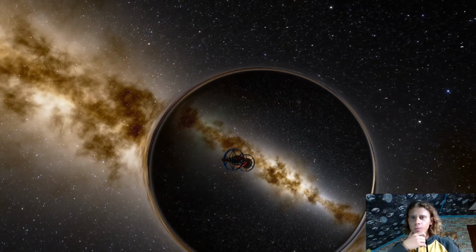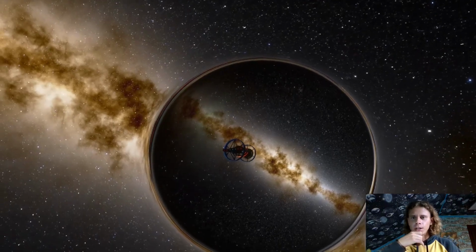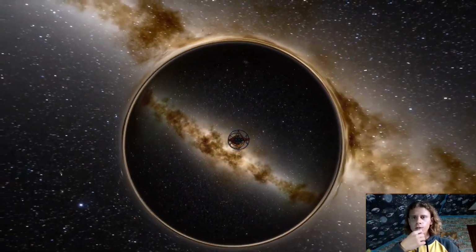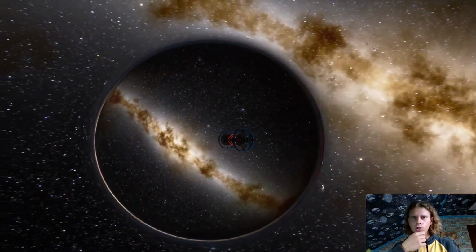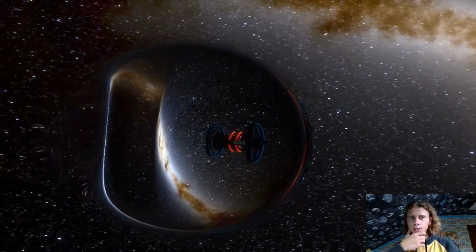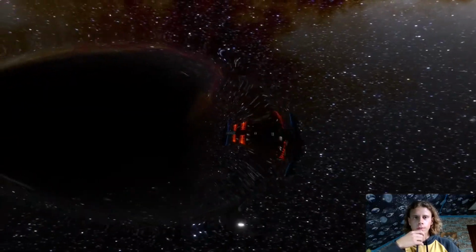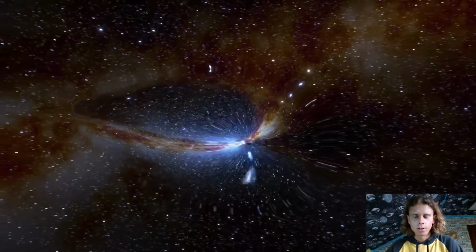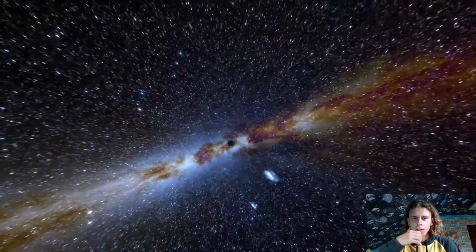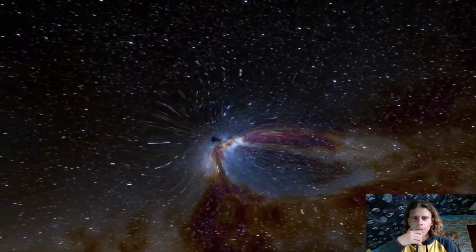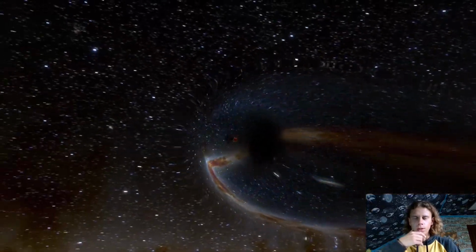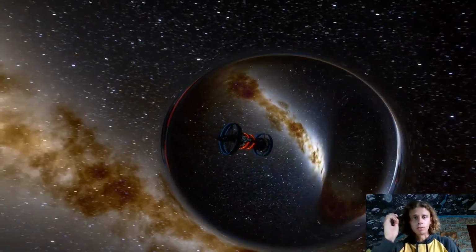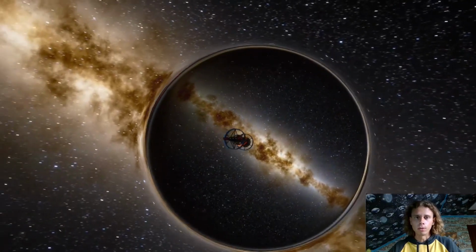This is the warp bubble around the ship, and I guess in this video they were not trying to show the distribution of matter, so it's transparent, and this is really cool. You can see how the background image is distorted due to the presence of this warp bubble.